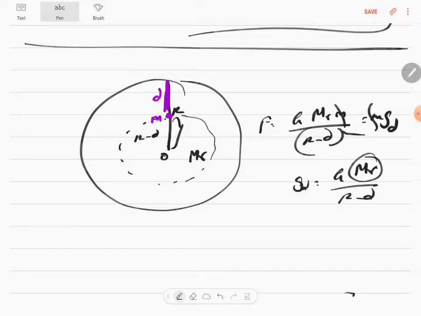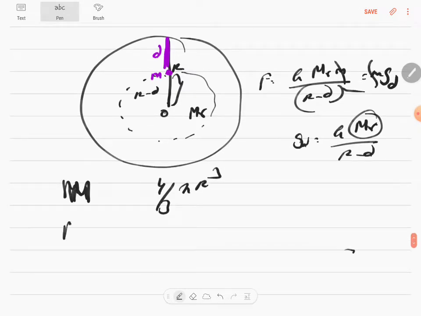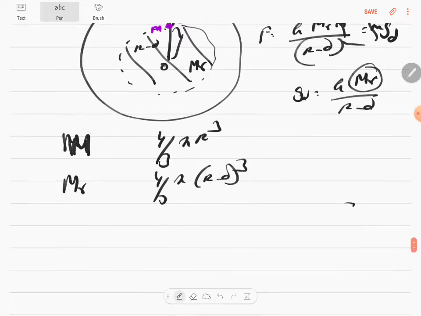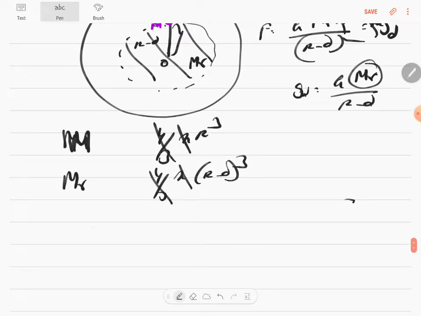Capital M is the mass of the earth for a volume 4 by 3 pi capital R cube. What will be the mass for 4 by 3 pi r minus d the whole cube for the smaller part? So when you cross multiply, this gets cancelled, Mr itself is M into r minus d the whole cube by R cube.